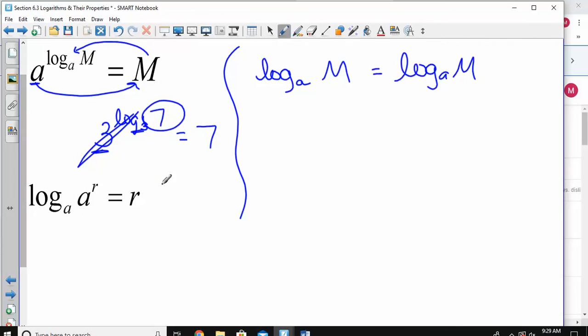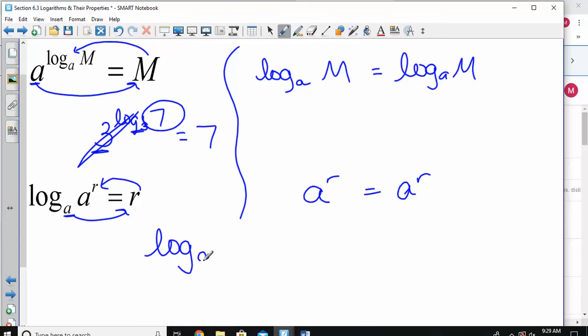So it works from the other direction too. And this is a log. If I were trying to write this log as an exponential, you would have a to the r power equals a to the r. So we see that it works. In terms of an example, let's do 3's.